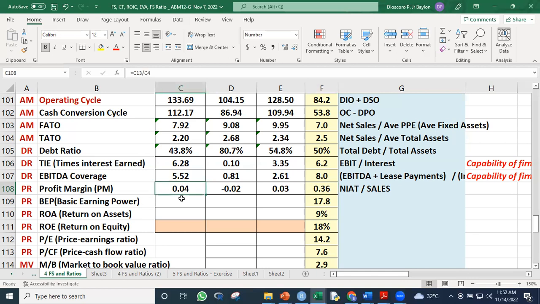So for every 100 pesos, kumikita lang tayo ng 4 pesos. So 9 times more efficient, more effective, more profitable yung direct competitor natin. Imagine 36 pesos for every 100 pesos of sales, tayo 4 pesos lang. Malaki yung difference, no?